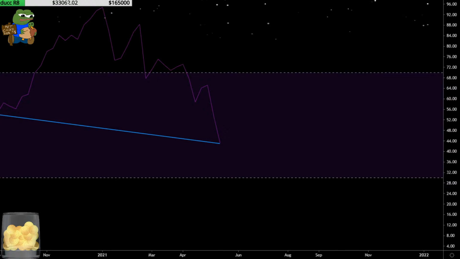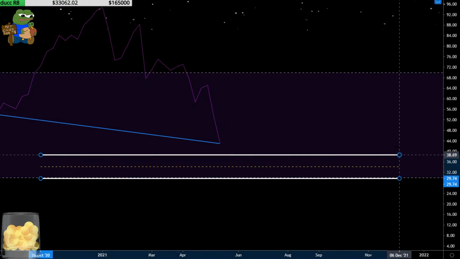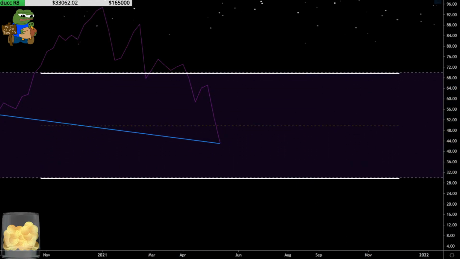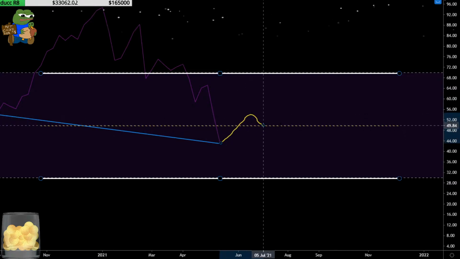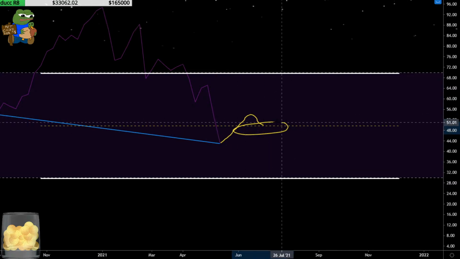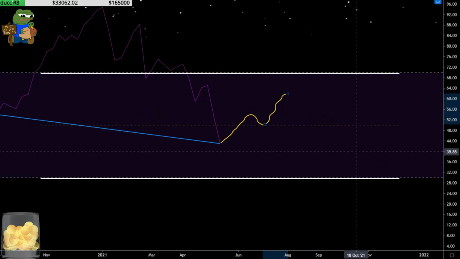So what needs to happen here is this has to get back above this 50% area, okay? You have to reclaim this area for a start, and then you can see what happens from there.